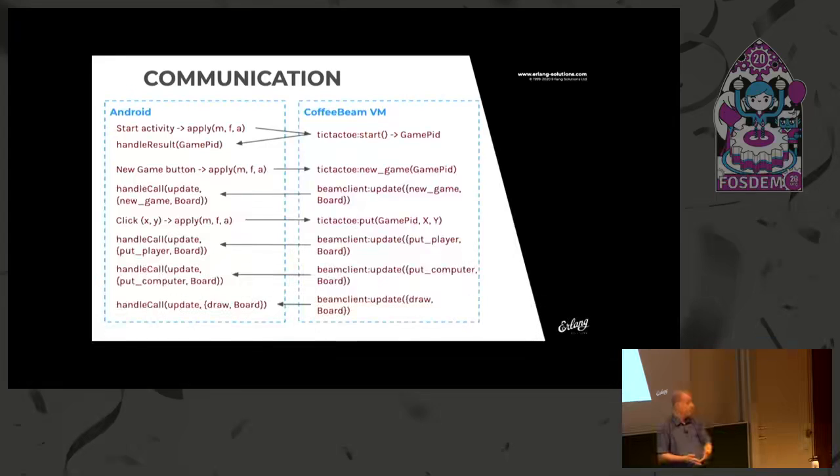In this game, this update contains the information about the game, the current state of the board, and what action or event has happened. Like the player or the computer has placed a sign on the board, or the board has changed, someone has won, someone has lost, or the game ends in a draw, like in the video.